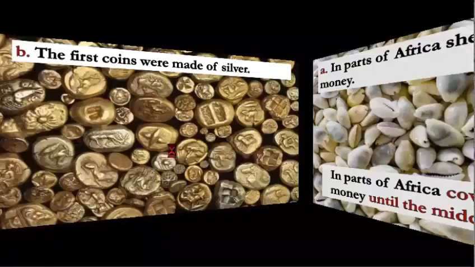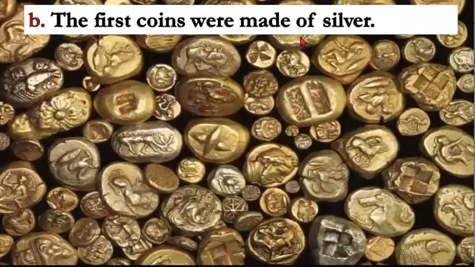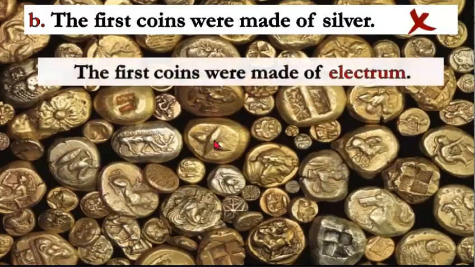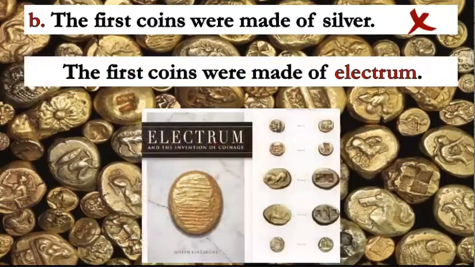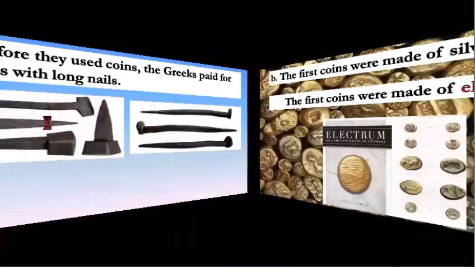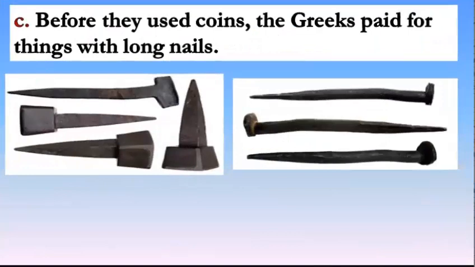B. The first coins were made of silver. Is it true or false? Of course, this is not silver. The first coins were made of something called electrum, okay? C. Before they used coins, the Greeks, who are people who lived in Greece, paid for things with long nails.